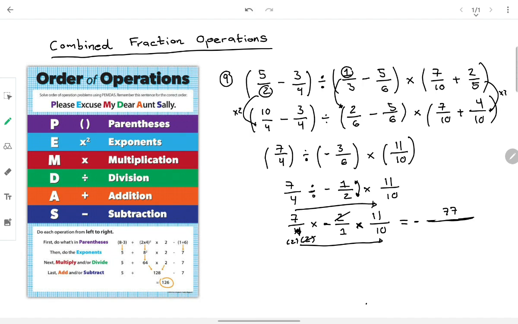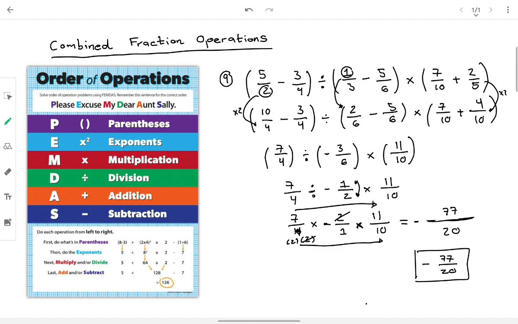In the bottom part, 2 times 10 is 20. So our final answer will be minus 77 over 20. And this will be our final and simplified answer of this specific exercise.